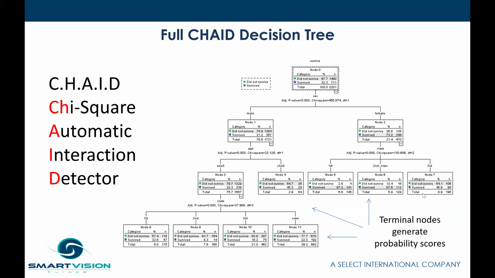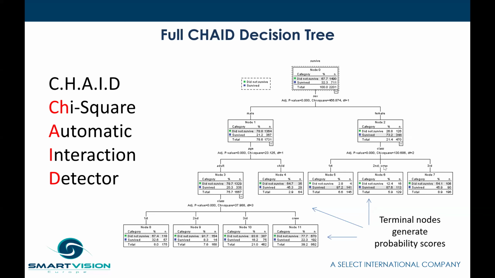And the other thing it does, very cleverly, is it takes the class variable, and if it finds groups within the class variable that are not different from one another in terms of their statistical significance and likelihood to survive, it groups them together. So it's saying that women traveling in first class, 97% survival. Women traveling in second class or crew, 87% survival, because there's no point splitting them.